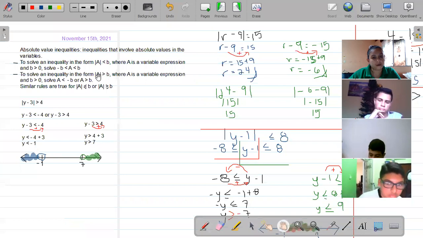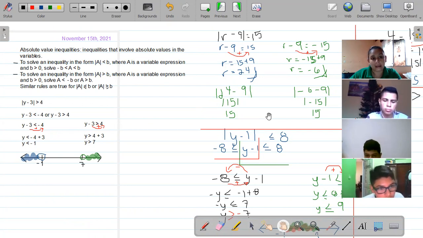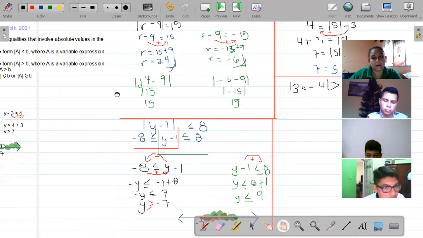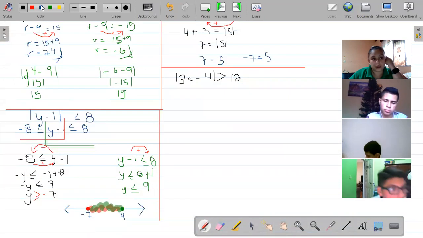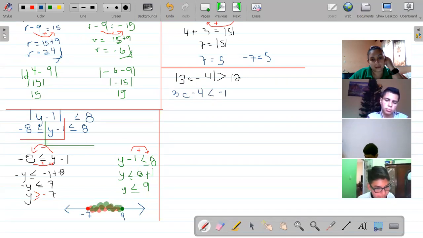When we have the absolute value greater than b or greater than or equal, then we do an OR inequality. A less than -b or a greater than b. So I'm going to say 3c minus 4 less than -12, or 3c minus 4 greater than 12.